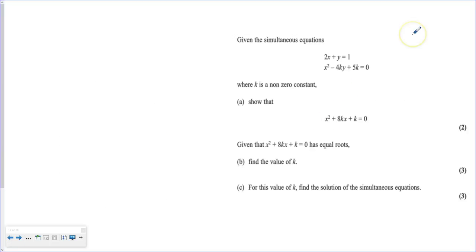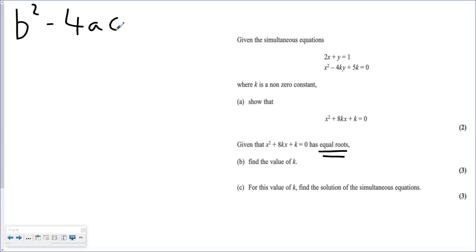Part B then. Given that x squared plus 8kx plus k equals 0 has equal roots, find the value of k. It has equal roots. This is a question about using our good old friend the discriminant. That is b squared minus 4ac.